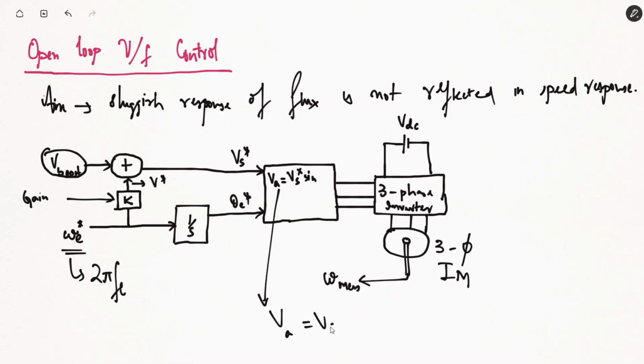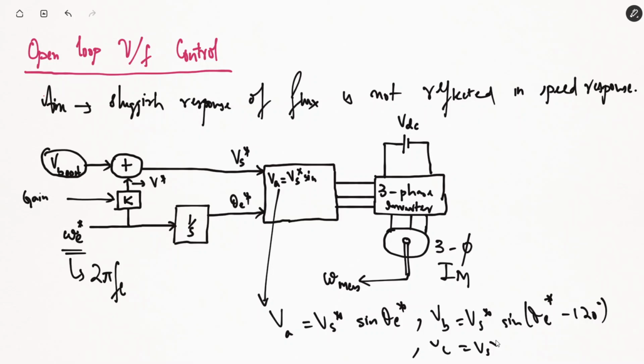Va is Vs star sine theta I star. Vb will be Vs star sine theta E star minus 120 degrees, and similarly Vc will be Vs star sine theta E star minus 240 degrees or plus 120 degrees.